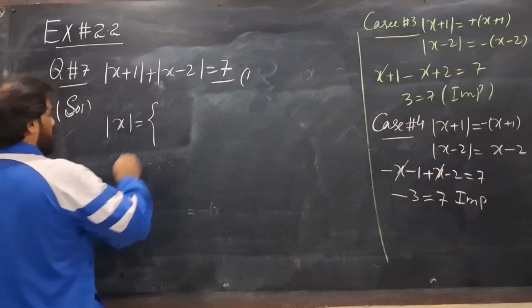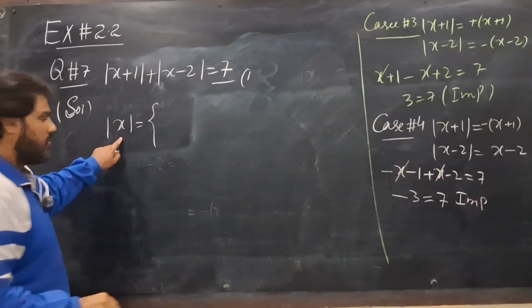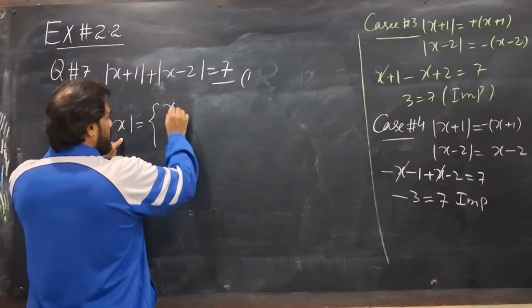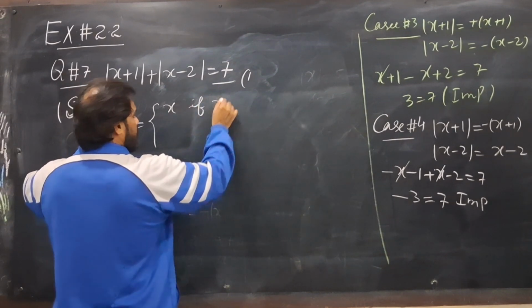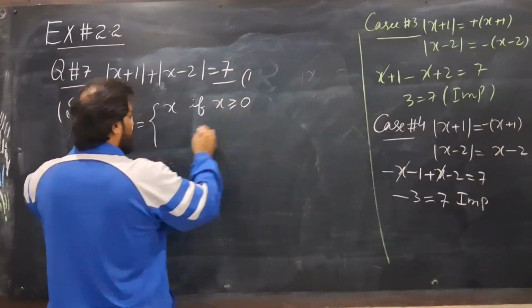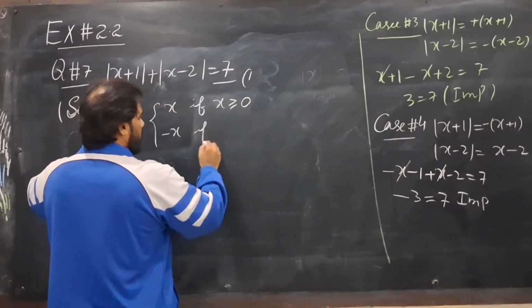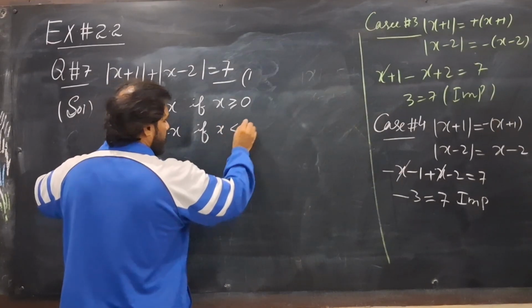The absolute value of x is equal to positive x if x is greater than or equal to 0, and negative x if x is less than 0.